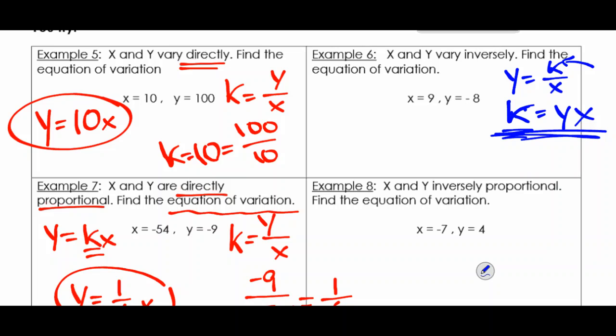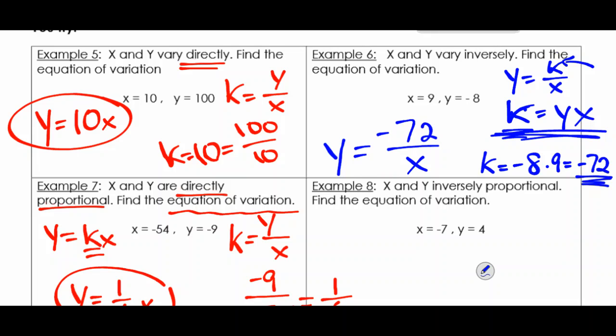This one, you would actually need to solve for that k. You can still plug in the x and y there, and then solve for k. It's the exact same steps. You're still just multiplying y times x. So k here is -8 times 9, or -72. -72 is my constant. That goes into my variation equation, which is now y equals -72 over x.